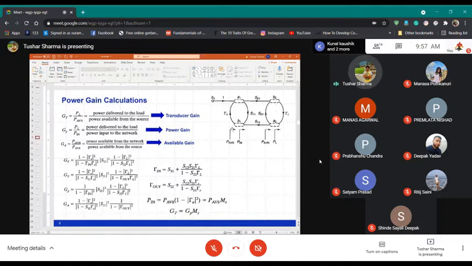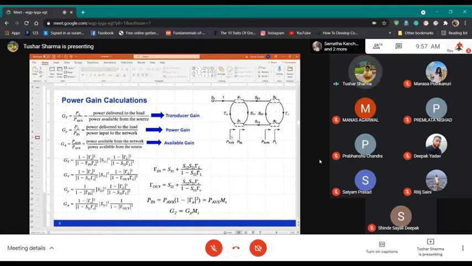So this is the available power, this is the input power, this is the power delivered to the load PL, and PAVN is the power available from the network. Whatever power is going to the load divided by the available power is given as GT, the transducer gain. Power gain is the power delivered to the load divided by whatever was the input.